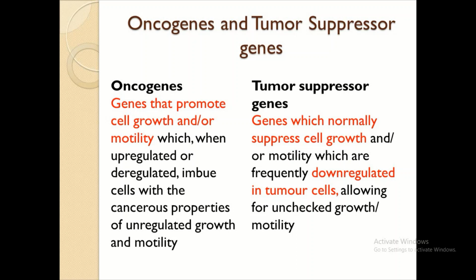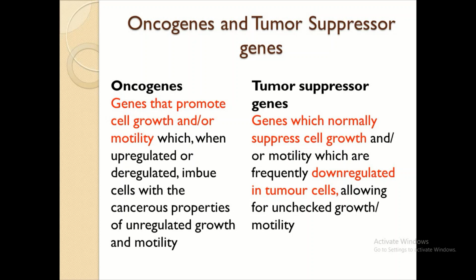Generally, oncogenes and tumor suppressor genes are two opposite ends. Oncogenes promote cell growth, are highly upregulated in tumors, and also enhance the motility of the cell.